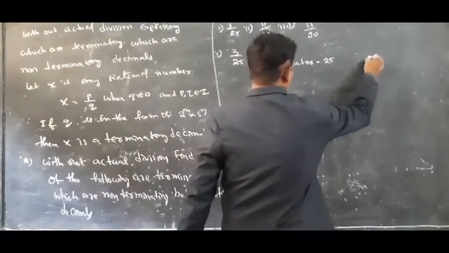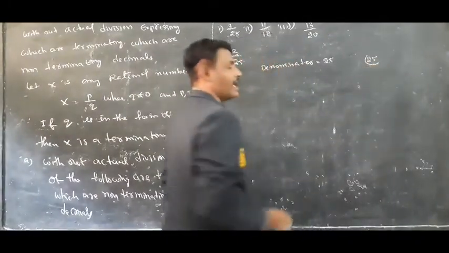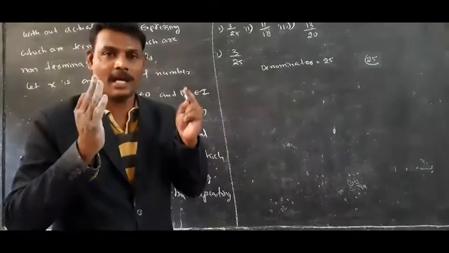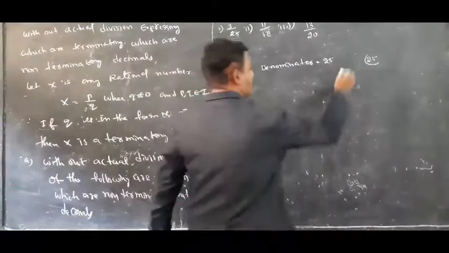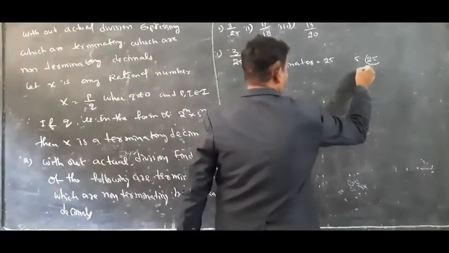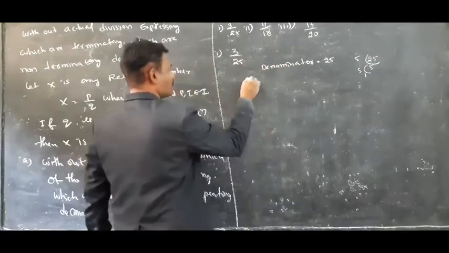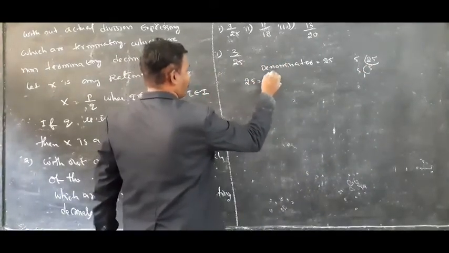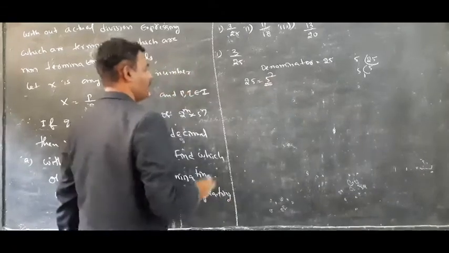Now write the denominator as a product of prime factors: 5 fives are 25, so 25 is 5 power 2.